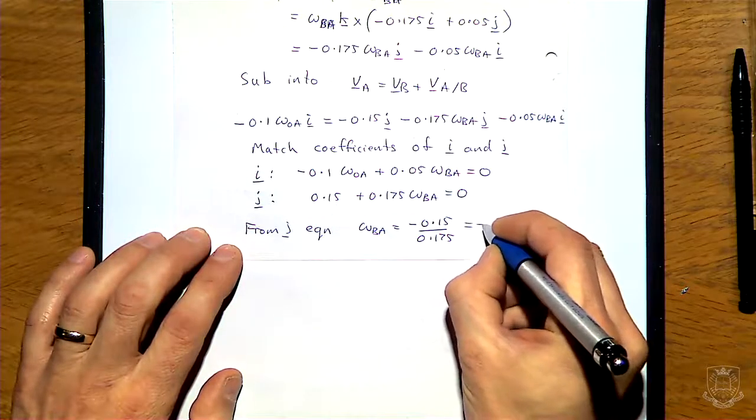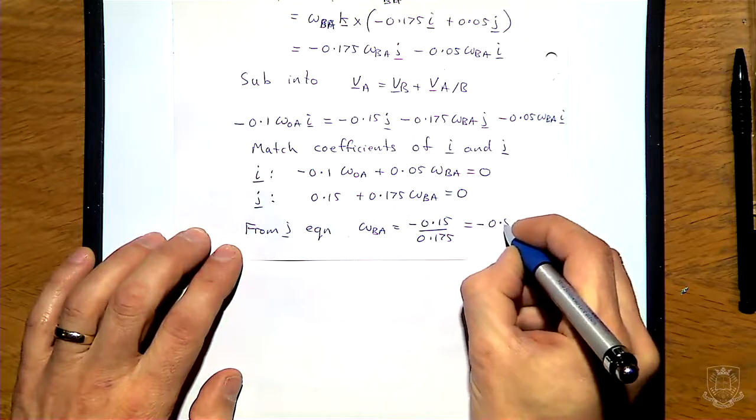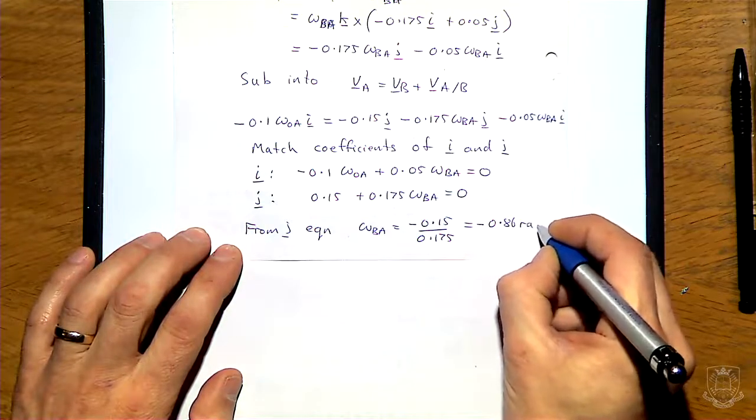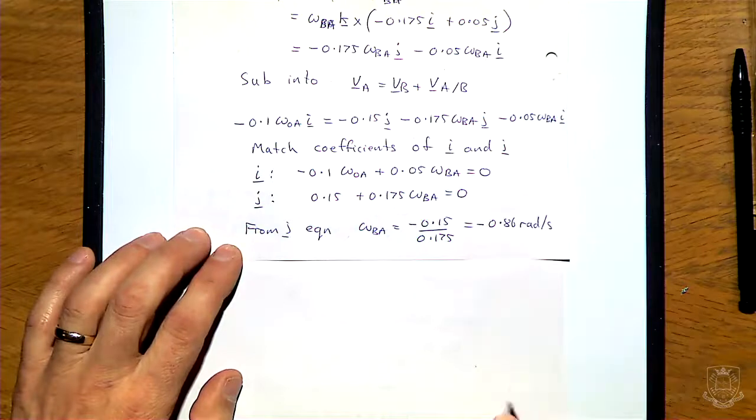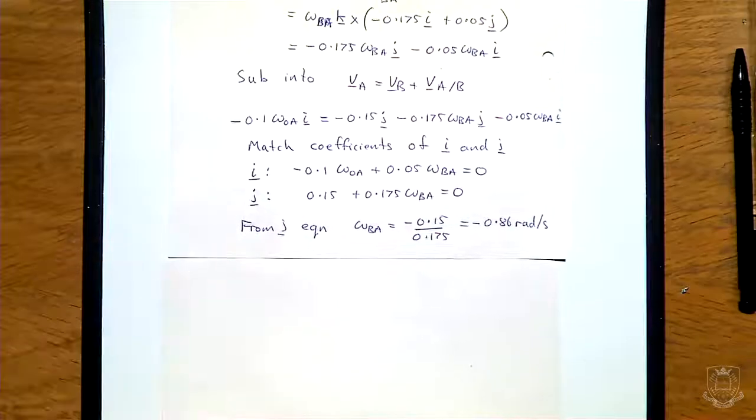And so we end up with minus 0.86 radians per second. And then of course we can take that result, substitute it into the I equation and solve for omega OA.